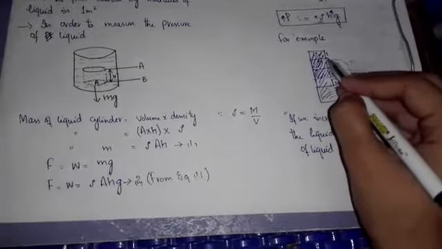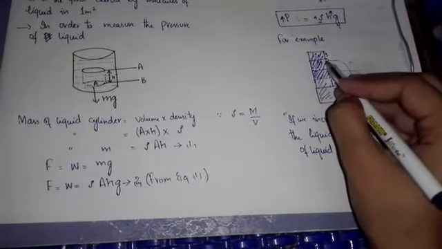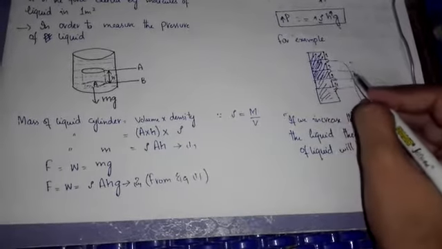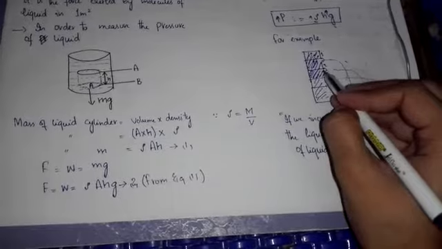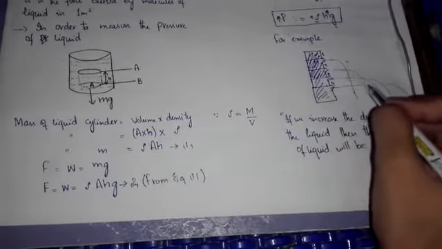The liquid that comes from tap number 1 has lower pressure as compared to the liquid that comes from tap 2.